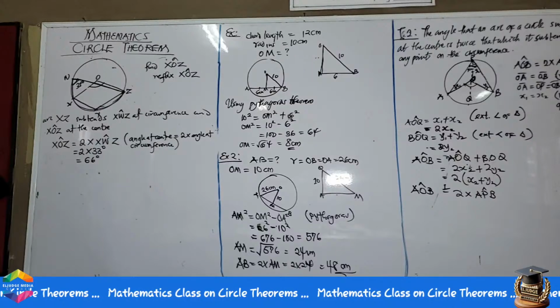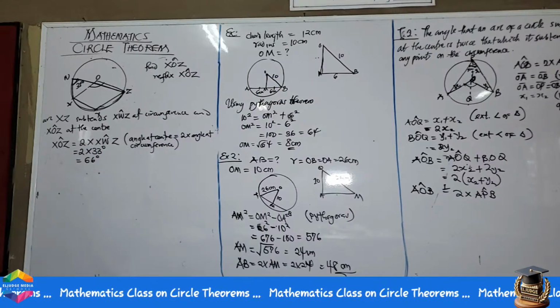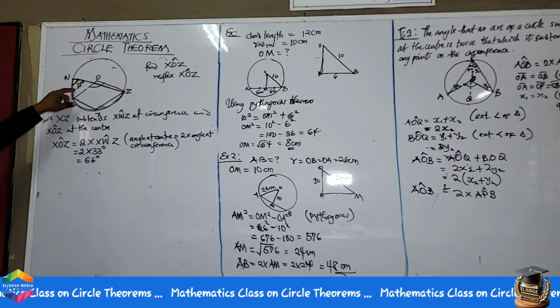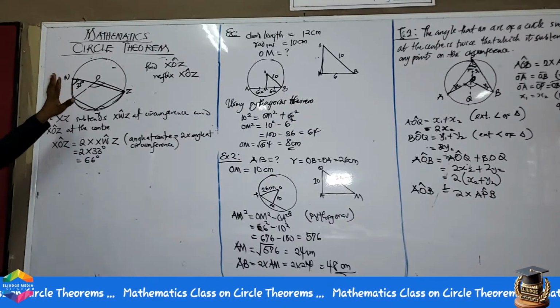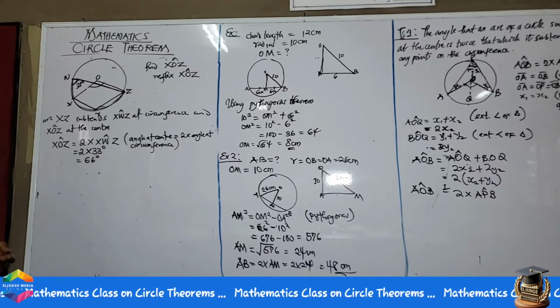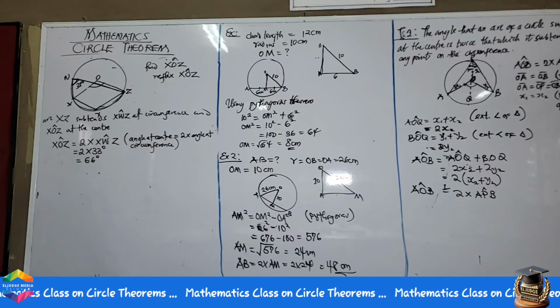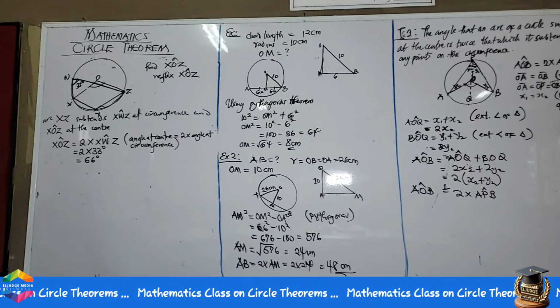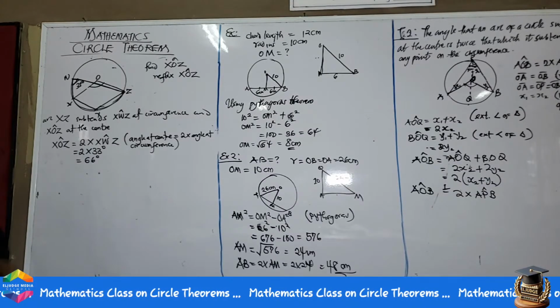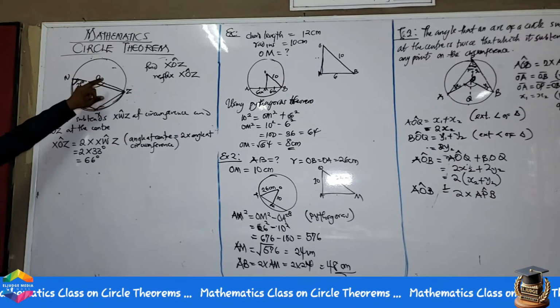I hope you know that we have different types of angles. We have the acute angle, like this, less than 90 degrees. We have the obtuse angle, once it's more than 90 degrees. Once it's more than 180 degrees, we call it a reflex angle. So the remaining side here is what we are told to look for.